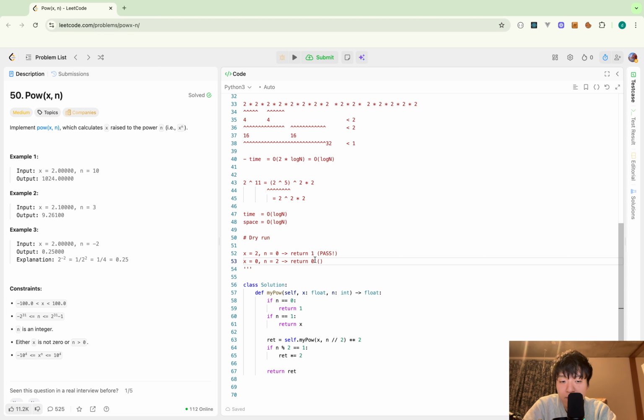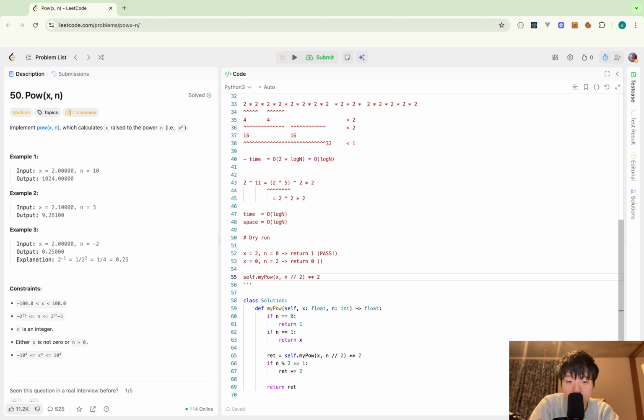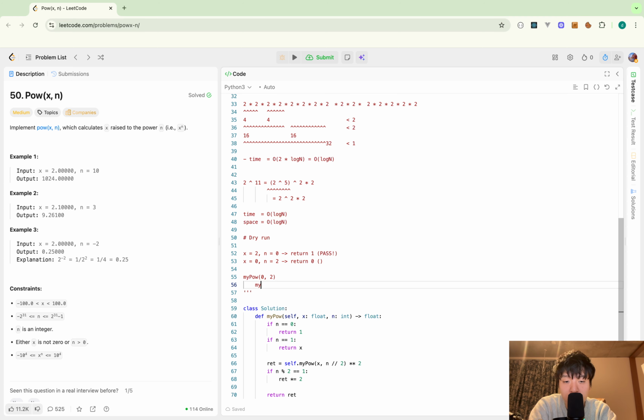Okay. For this, if x is 0 and n is 2, I go through these if conditions and I go to line 63. I call myPow with 0 and 2, and then myPow with x is 0, n divided by 2 is 1.